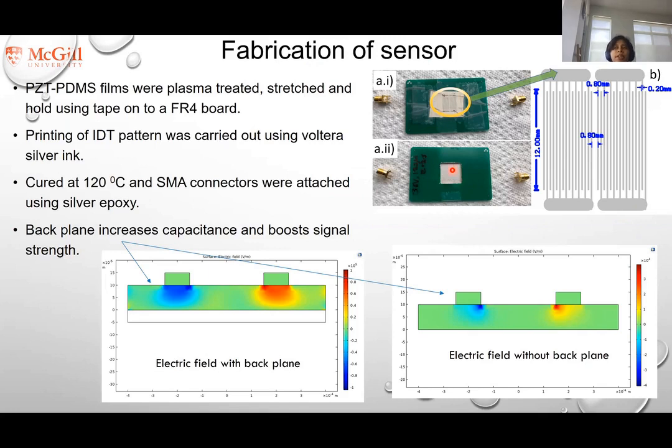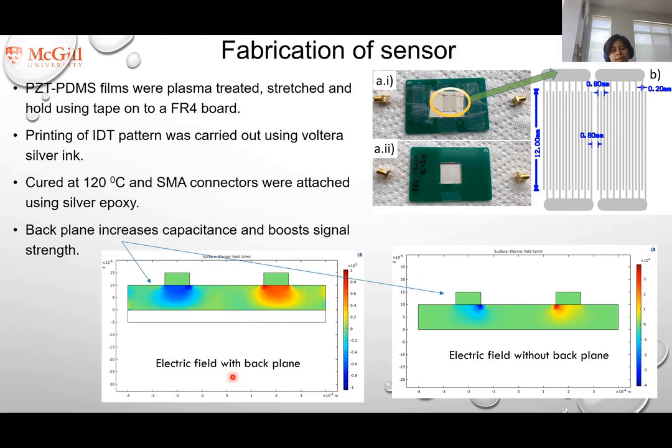You will see the flexural plate wave sensor in literature, and most of them don't have a backplane. But since the printed sensor already has a little bit lower performance compared to conventional sensors, we can change some circuit topologies. So we did some COMSOL simulation, and we could see that with a backplane, we can increase the capacitance and boost the signal.